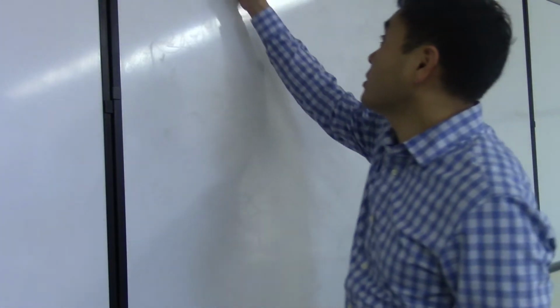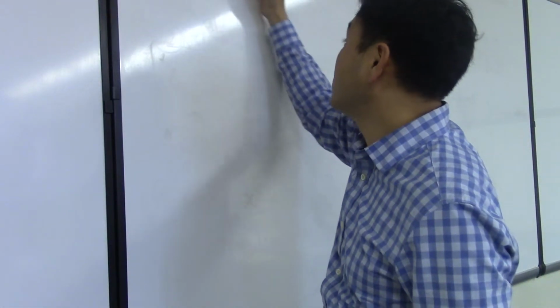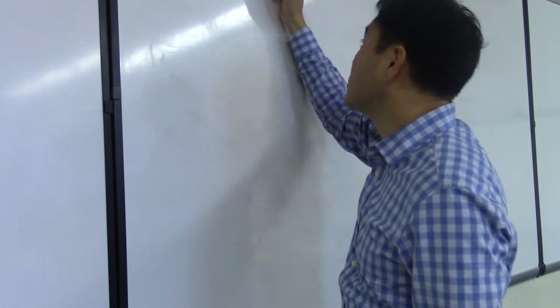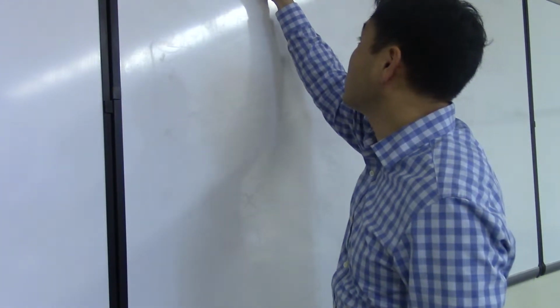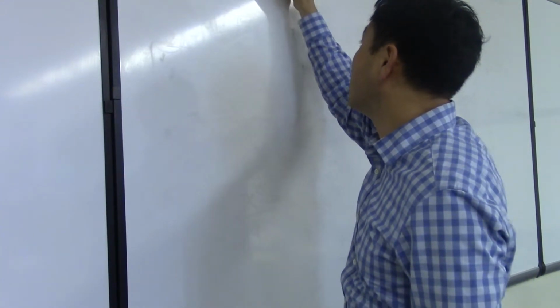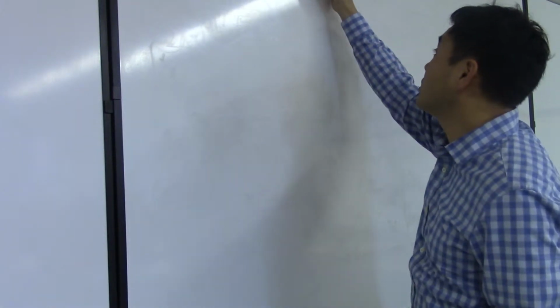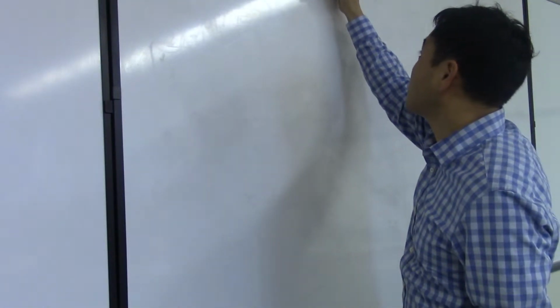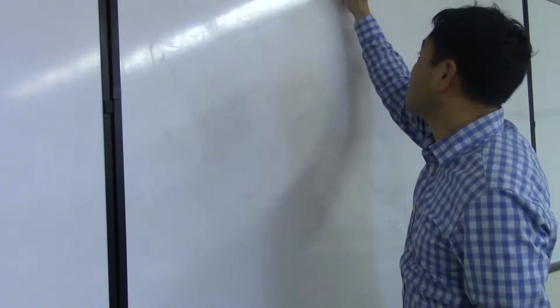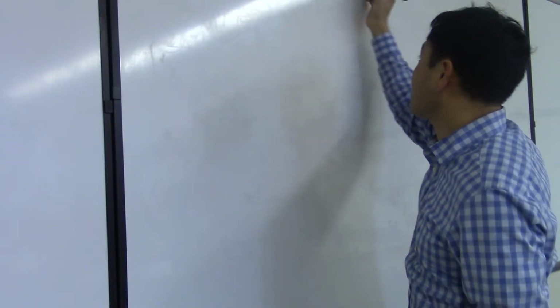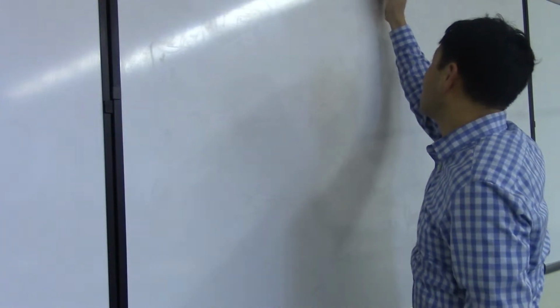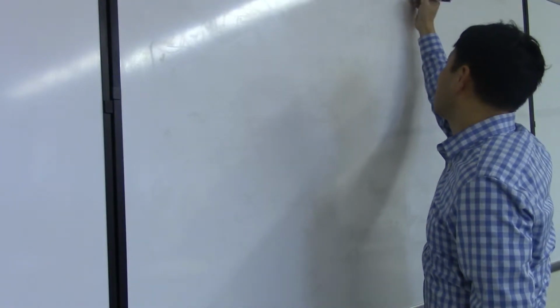Okay. So example. Solve sine squared of x, 2 sine squared x minus sine of x equal to 0.